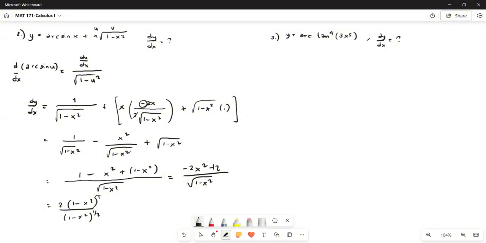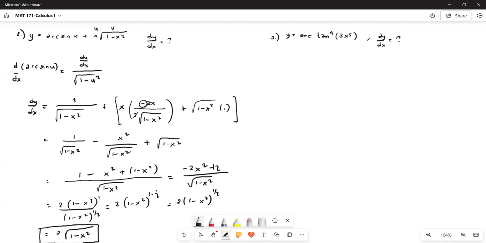So magiging 1/2 na lang din to, di ba? Parang ganito siya. 2, 1 minus x squared, 1 minus 1/2. Yung 1/2 na to galing doon sa baba. So simplify lang natin, magkakaroon ka ng 2, 1 minus x squared raised to 1/2 or 2 square root of 1 minus x squared. So yun na yung ating final answer.